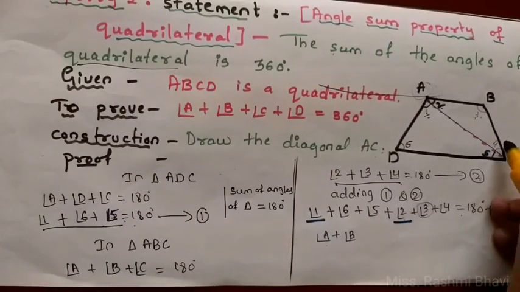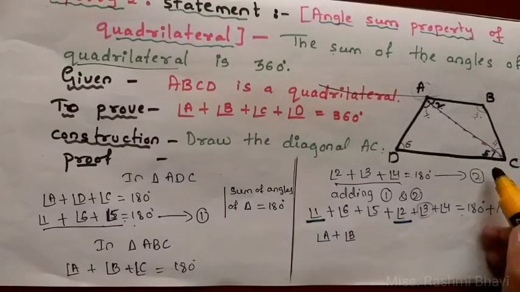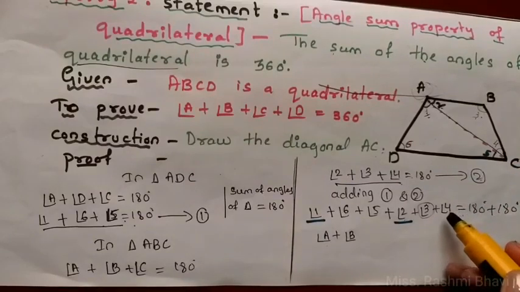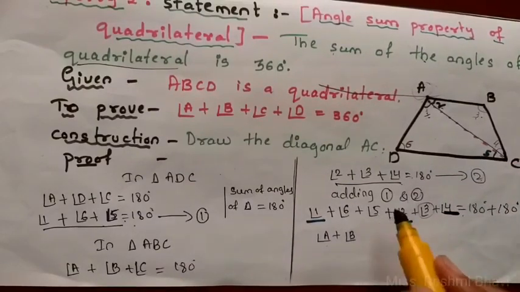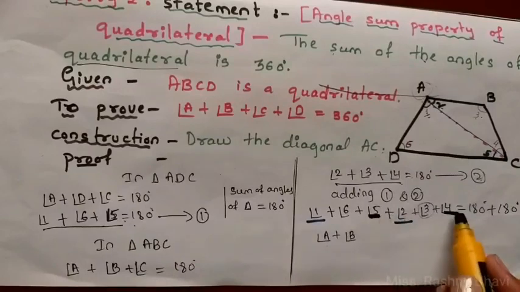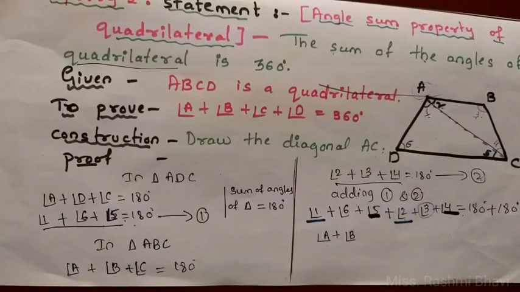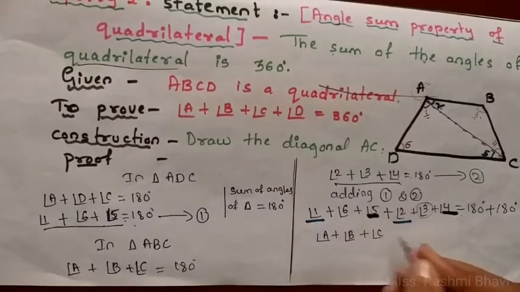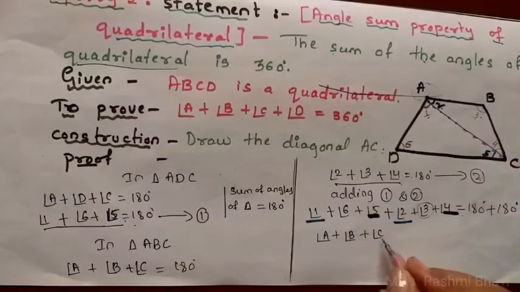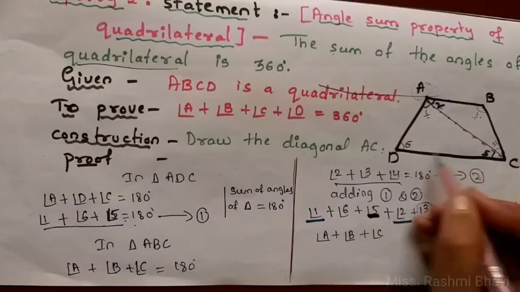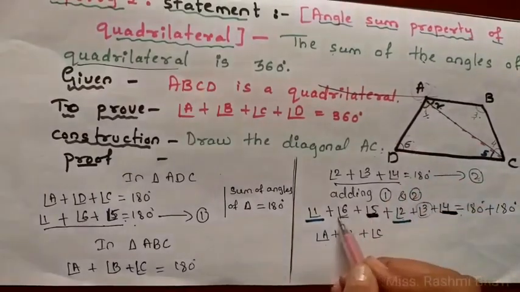Angle C is what here? Angle 4 plus angle 5. I will make a mark here: angle 4 plus 5 is said to be angle C. And next the remaining term is angle D. Angle D is what here? 6.